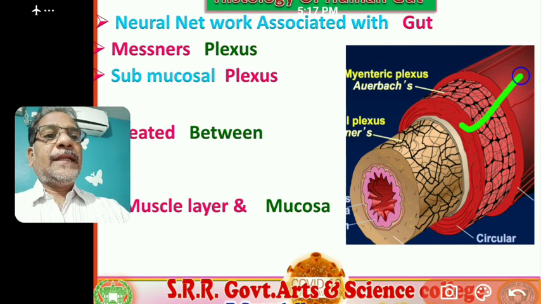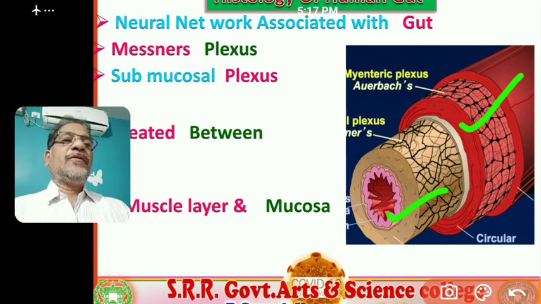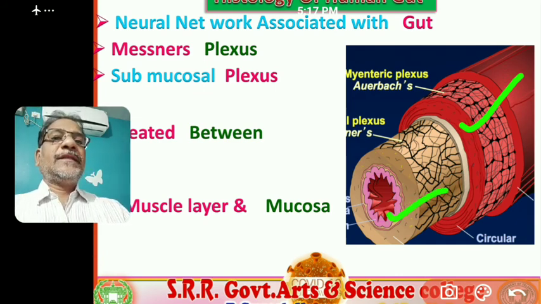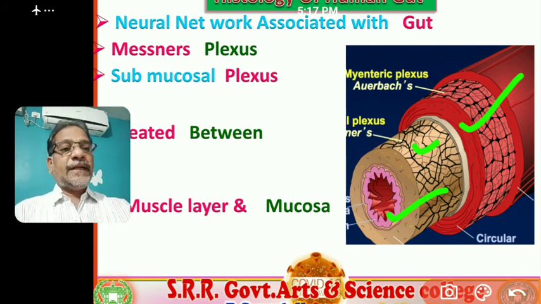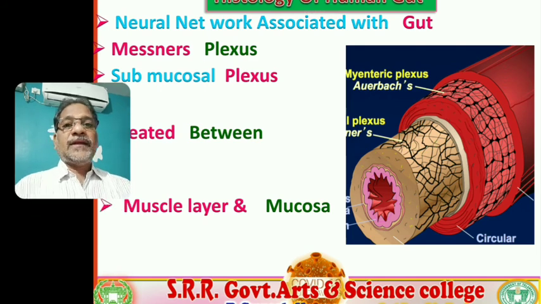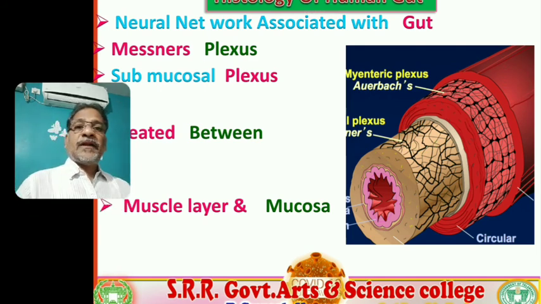Between the muscle layer and the pink colored mucosa lining, what is present? Meissner's plexus network, you observe the submucosal plexus. So with this we completed the neural network seated in the wall of the gut.